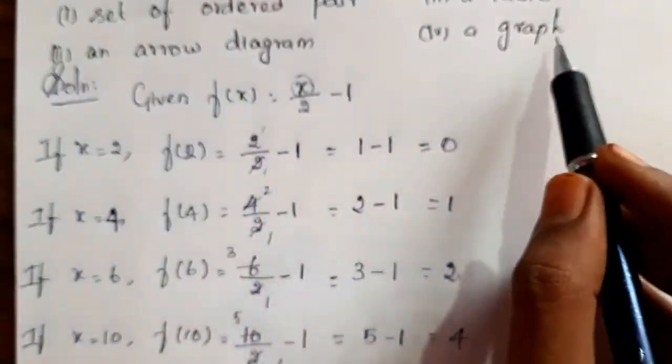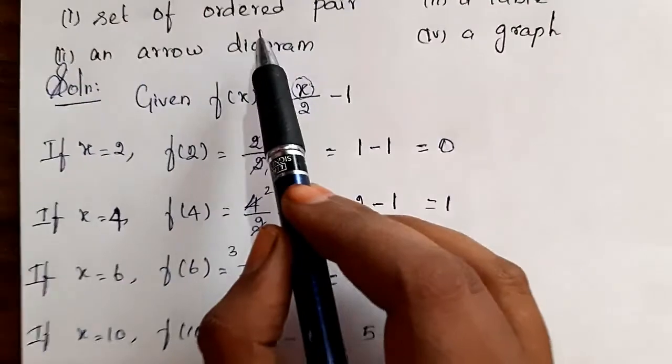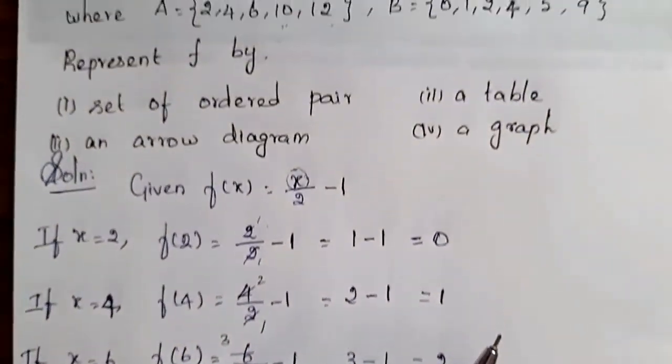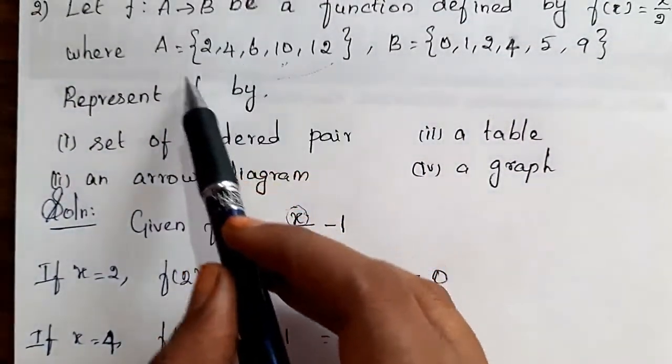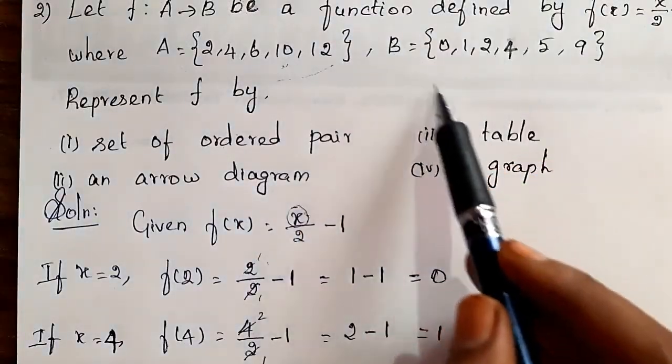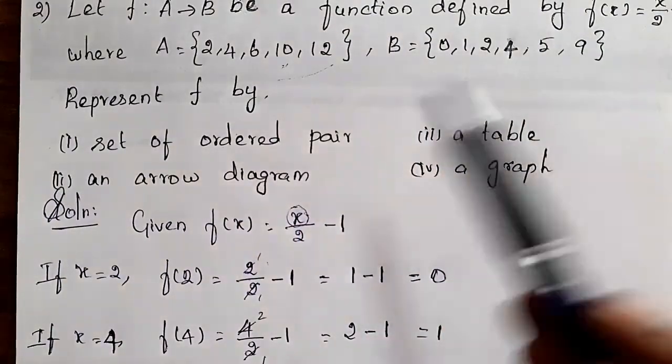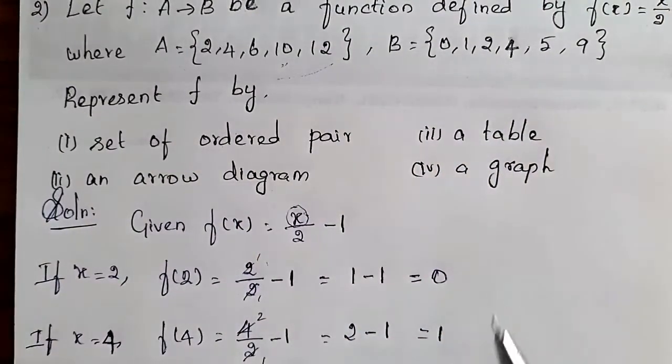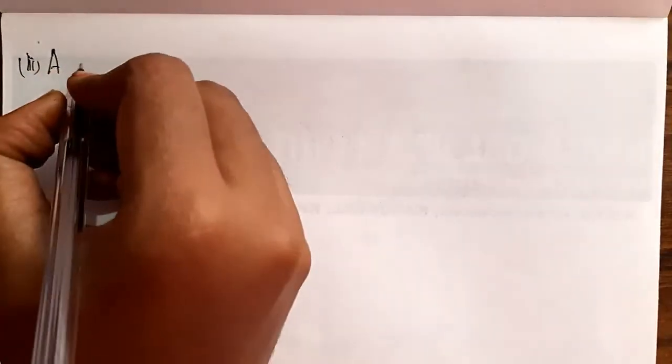Next one is the arrow diagram and graph. For drawing the arrow diagram, first you have to draw the A set. Next you can draw the B set. Then you can map using f. Third one, arrow diagram.